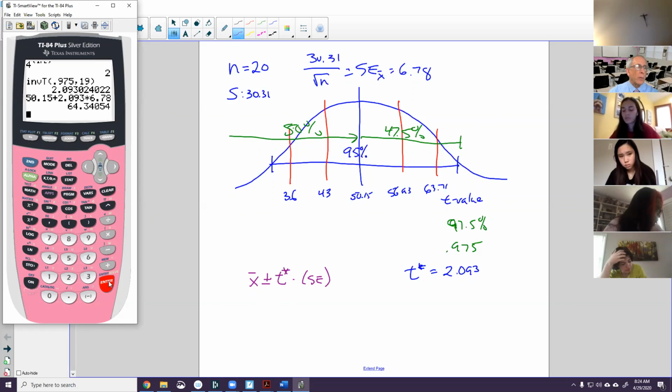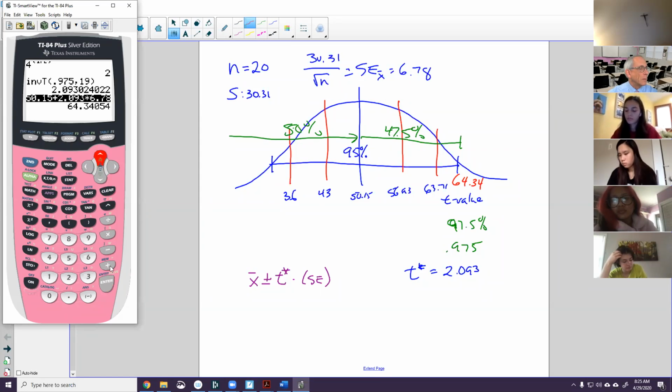So this number at this end of my confidence interval is going to be 64.34. And the number at the other end of my confidence interval is going to be minus that.